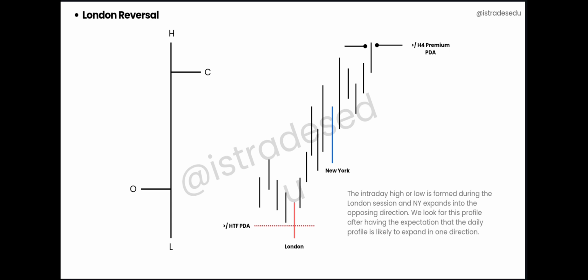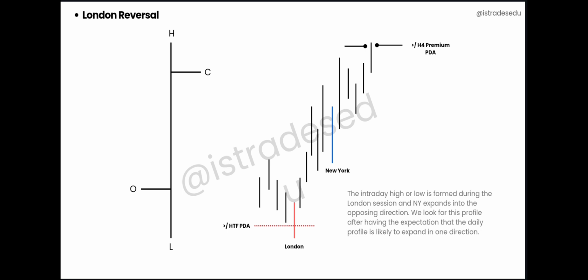Daily profile. The daily profile is simply patterns of how a candle forms within the day. When I say pattern, I mean that there are certain mechanisms that should happen, that when they do happen, we can easily have a clear idea of where the daily candle is likely to expand to.